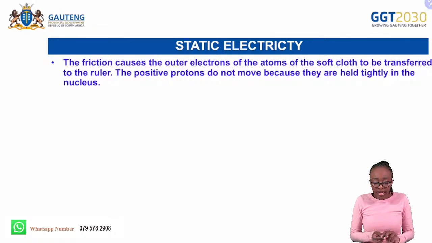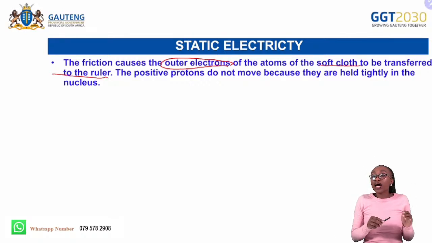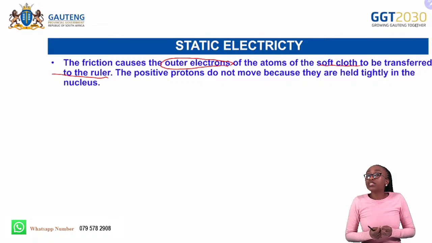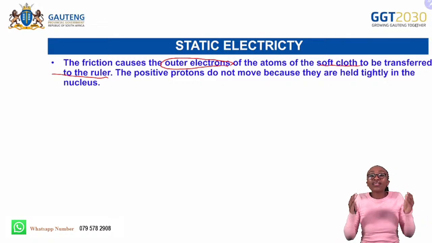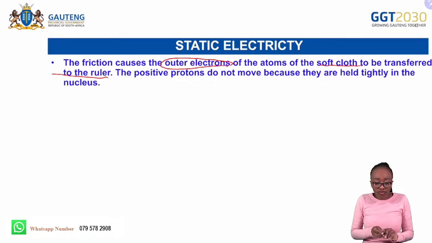So the friction now causes the outer electrons of atoms of the soft cloth to be transferred. Remember, we said electrons are found in energy levels. The first energy level can hold 2 electrons. The second energy level can hold 8. The electrons on the outermost shell are the ones that are more prone to be lost because they are further away from the nucleus.